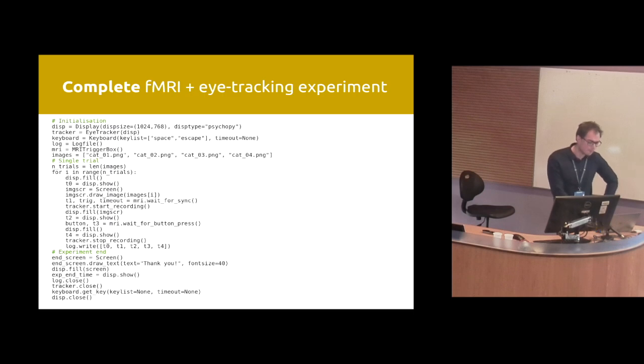So our complete fMRI and eye tracking experiment now is under 30 lines, and as you've seen throughout, actually reasonably non-complex. There wasn't anything where you had to compute how to put on your image from image file to RGB coordinates that your screen would be able to understand. You didn't have to program in a sequence that waited for the MRI to send you a syncing thing.